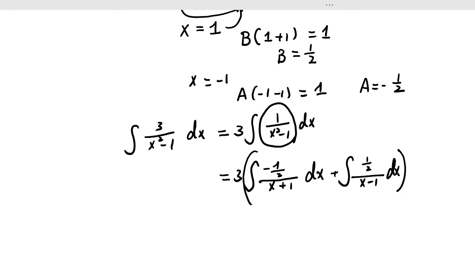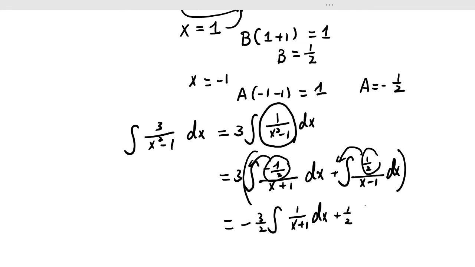Of course, fractions on the top are bad, so I'm going to put this whole thing in front. Let's multiply the 3, so that's going to be -3 over 2, the integration of 1 over x plus 1 dx, and 1/2 in front, a half, 1 over x minus 1 dx.